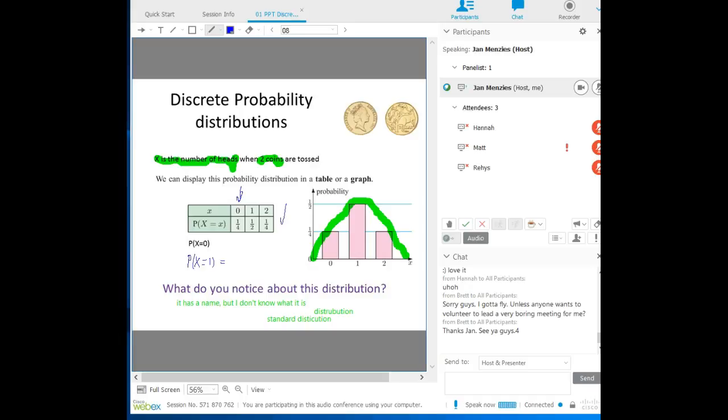Is it, in your opinion, can you get the information more easily from the table or from the column graph? Yes, Hannah? What makes the graph helpful visually?